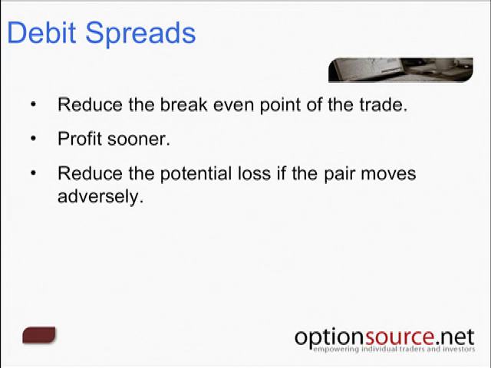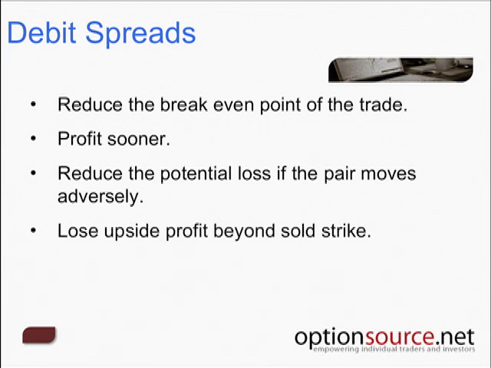This also reduces the potential loss if the pair value moves adversely. So if we're wrong, we have the ability to get out of the position at any time, and we know what our maximum risk exposure is at any given time, and so we reduce the potential loss if, in fact, the pair goes against us.